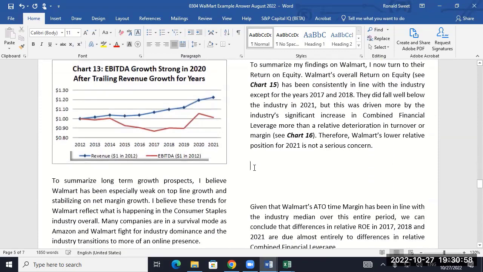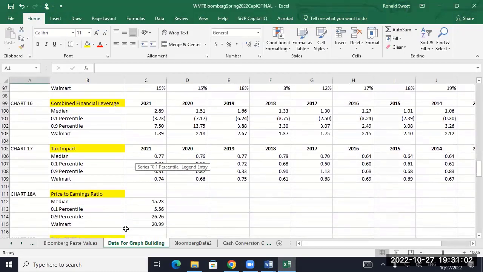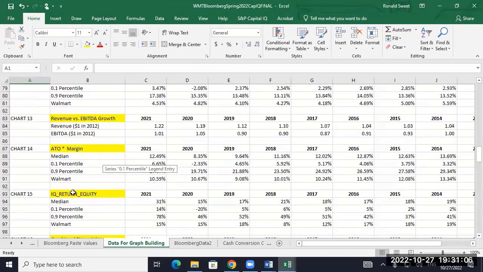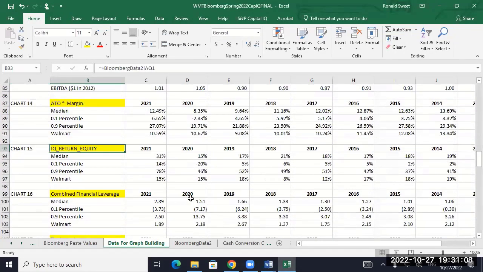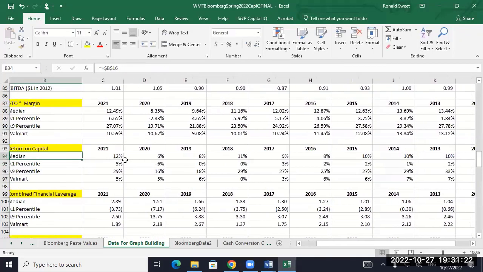And what I would do instead of chart 15, if you go into the data for graph building and where the return on equity is, instead make it return on capital. And that actually starts in cell BA. If you change that to BA, you have return on capital.